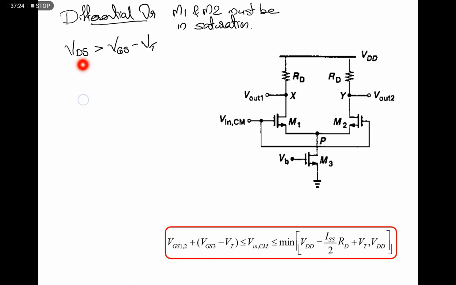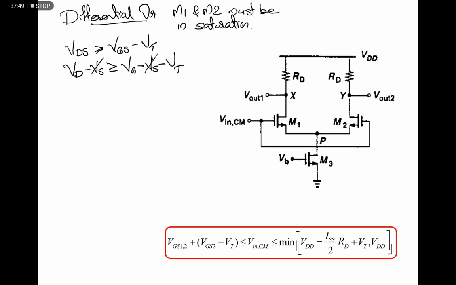Here, for both transistors, if we consider one of the transistors, the VDS value, drain to source, or we can write it as VD minus VS, must be greater than or equal to VG minus VS minus VT.